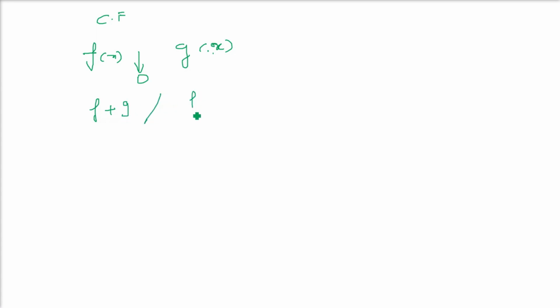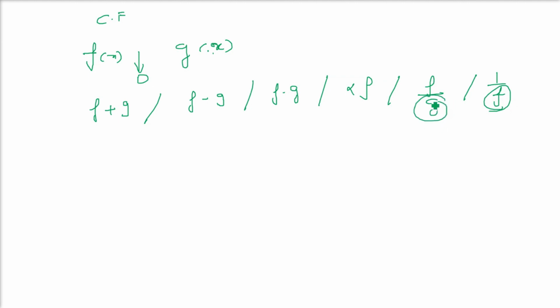When you add these two, subtract these two, multiply these two, divide these two, multiply a scalar, say alpha or k, with either function, or take 1 by f or 1 by g, the only condition for the last ones is that g(x) and f(x) should not be 0. So when these two functions are continuous under a certain domain, all these will also be continuous under that domain.